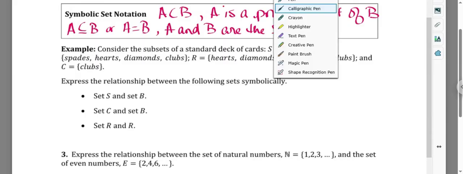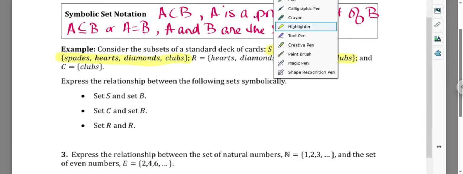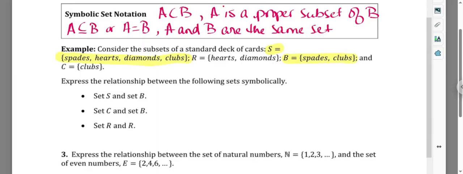So just highlight these right now. That's the one we're talking about. And this is the one we're comparing it to. So set B does not include all of set S, but are the elements of B in S?